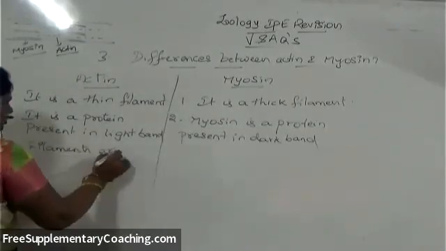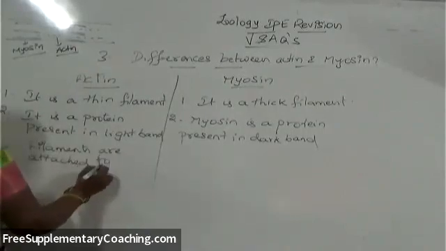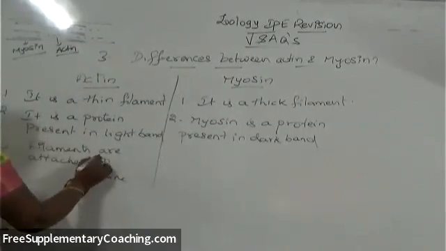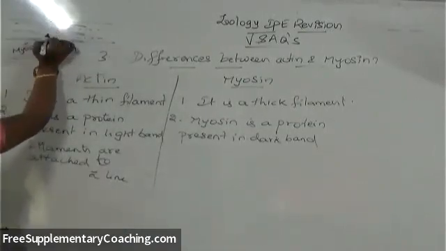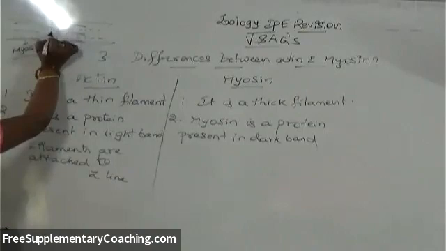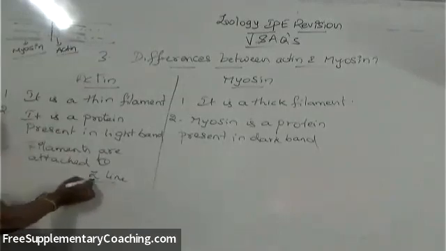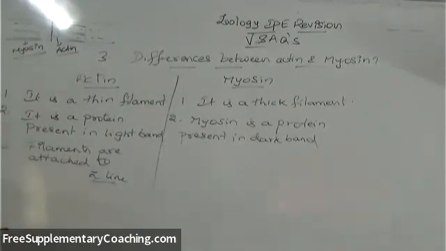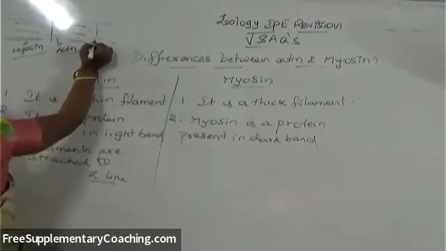Next, in the case of actin, the filaments are attached to the Z line. You would have already learned that in the structure of skeletal muscle tissue. For example, in these thin actin filaments, at the center there is a line called the Z line. On this side also, the actin filament has the Z line at the center.